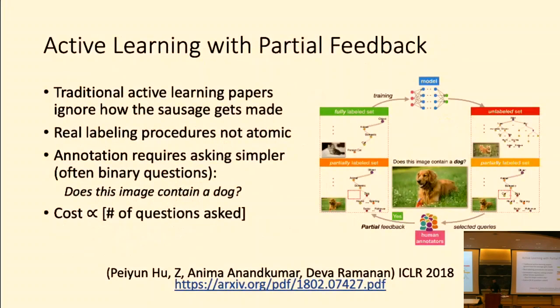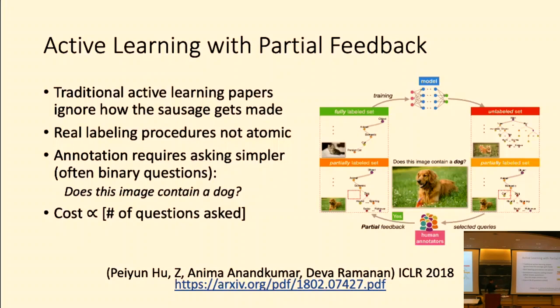And this motivated some work that I did with a different intern at Amazon, called Active Learning with Partial Feedback, which was published at, that's a lie, it was ICLR 2019. But there was a gestation period for the work, so I forgot which year. So what we did here is we thought, traditional active learning papers just ignore how the sausage gets made. They say, here's the example, give me the label.